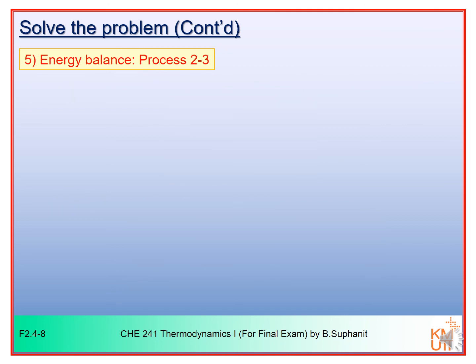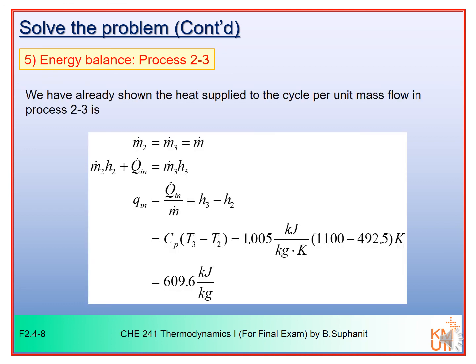In the last energy balance, process 2-3 requires heat supply. From the mass and energy balances, we obtain Qin as Cp multiplied by T3 minus T2. After substituting all known values, we have Qin around 659.1 and 9.6 kJ per kilogram.